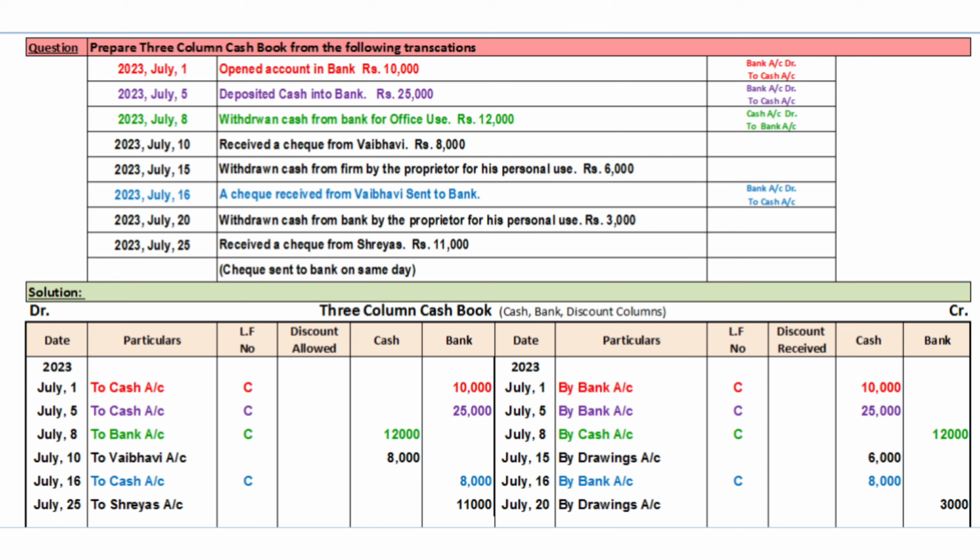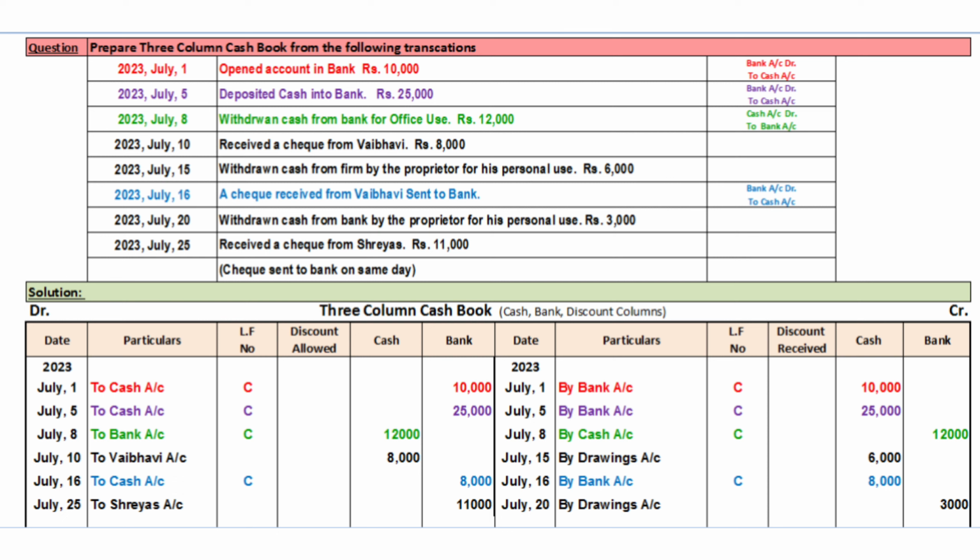These are the transactions related to contra entries. So for your easy understanding, 2023 July 1st: opened account in bank 10,000, and the second transaction, 2023 July 5th: deposited cash into bank, and the third one. So okay, the first two transactions are contra entries because that is indicated in color.